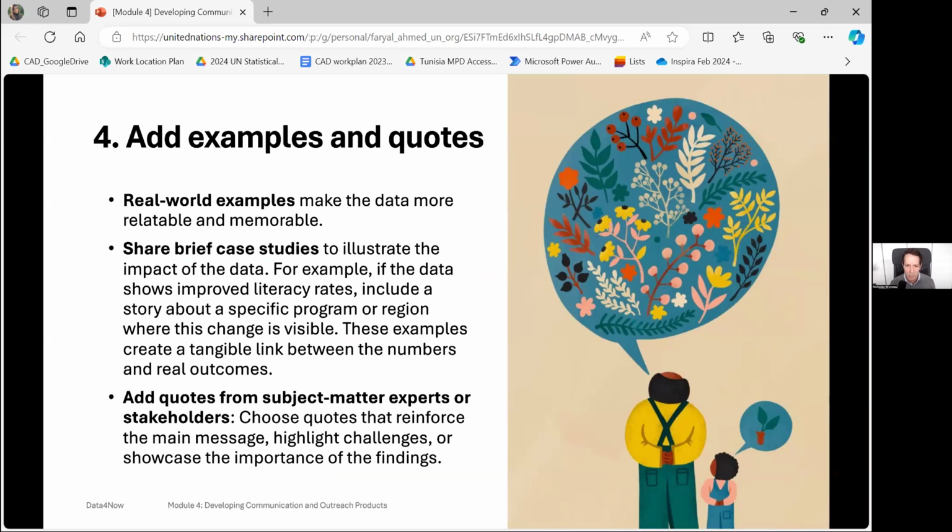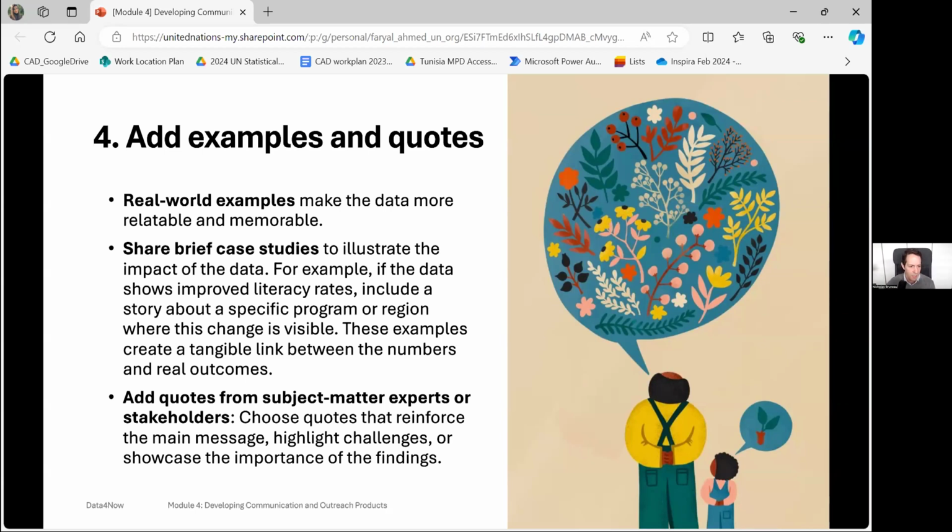And finally, have some quotes from subject matter experts or people that have been affected, so that you have a human element to your story, and the data is supported by case studies or by quotes. This gives more of the human side, and allows people to see what is happening behind the data.